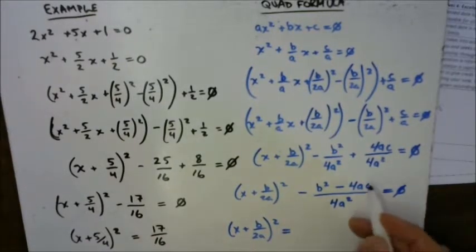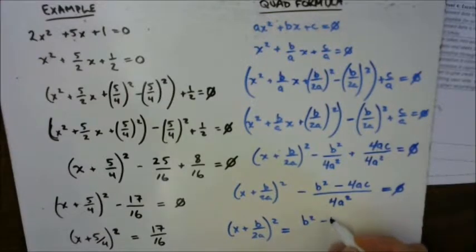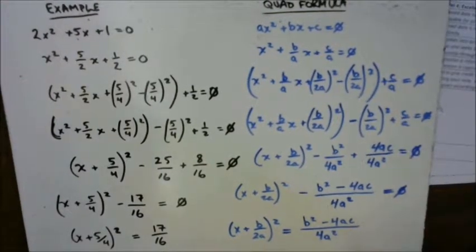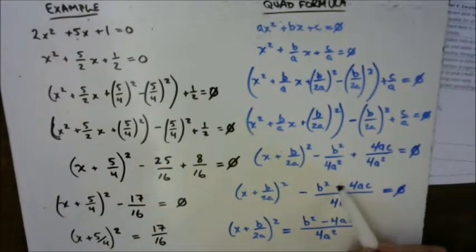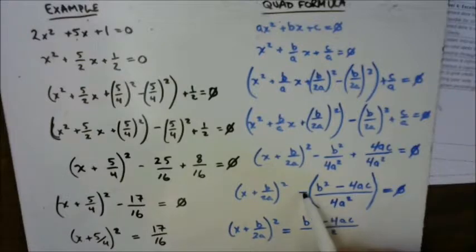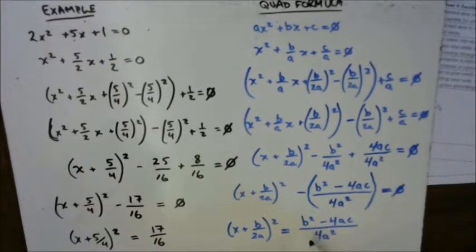And we're going to add this whole thing to both sides: b squared minus 4ac over 4a squared. Now remember, this sign isn't going to change because this is considered one big whole entity. I'm adding this whole exact thing to the other side. So that's why that sign didn't change at all.